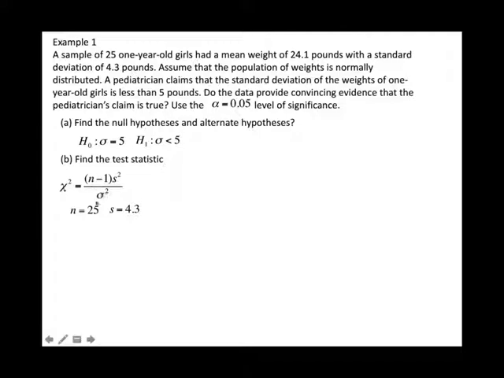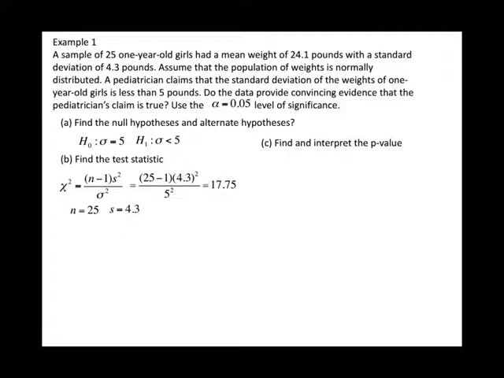And how about the population standard deviation? You can use the null hypothesis: the population standard deviation is equal to 5, so you plug in 5 squared. Use your calculator, and you should get 70.75.